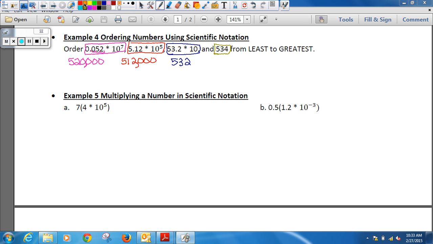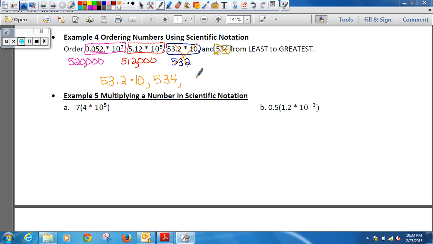And it wants me to write them in order from least to greatest, and I do that using the original numbers. So my smallest number here is 532, so originally that was written as 53.2 times 10. I'm going to mark it out because I used that one. My next smallest would be 534.